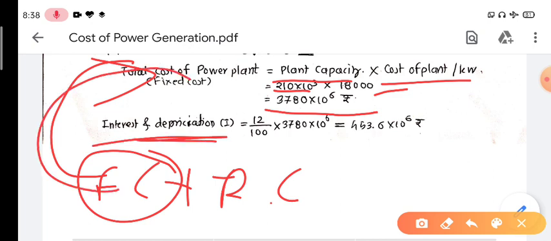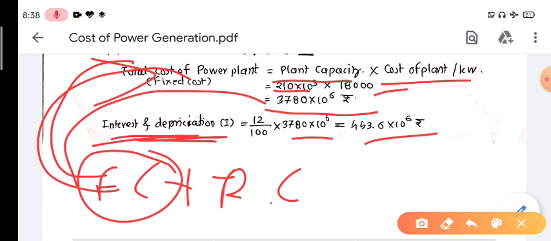Now to calculate the running cost, we have to calculate the interest and depreciation associated with this cost, which is 12%. 12 divided by 100 into 3780 into 10 raised to 6 is 453.6 into 10 raised to 6 rupees.